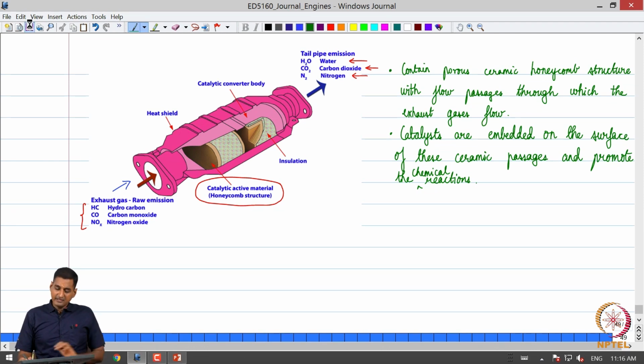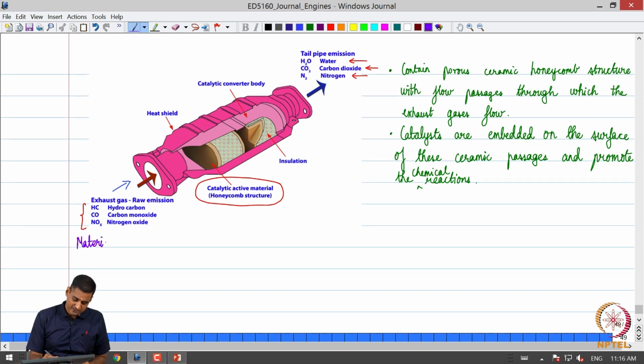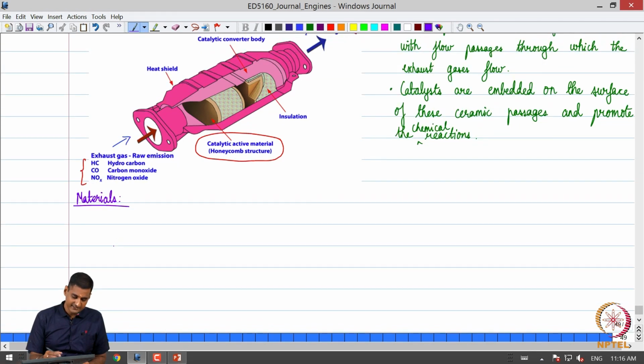Now the question becomes: what are the materials used in this catalytic converter, how do they help in these chemical reactions, and also what are the factors or conditions under which we get very good conversion efficiency. We are going to look at those two questions. The first question is the following: what materials are used in this catalytic converter?